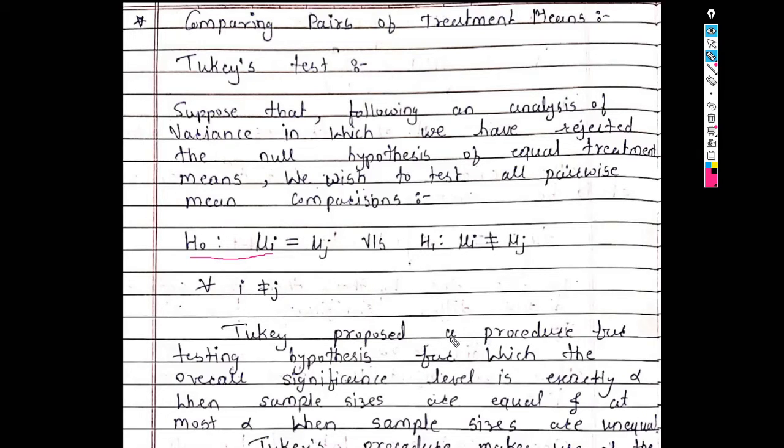So Tukey proposed a procedure for testing hypotheses for which the overall significance level is exactly alpha when sample sizes are equal, and at most alpha when sample sizes are unequal. So Tukey proposed this test for pairwise comparison of treatment means.